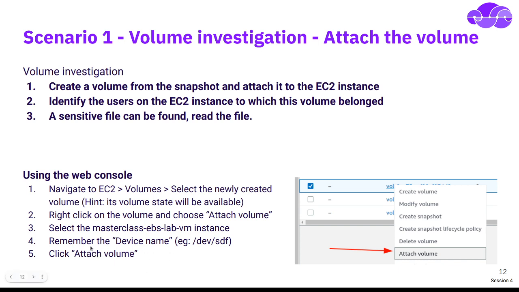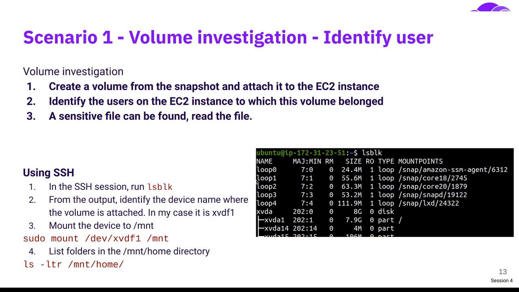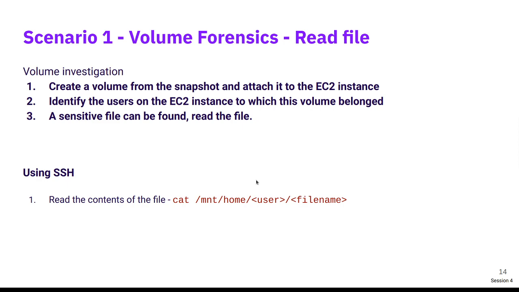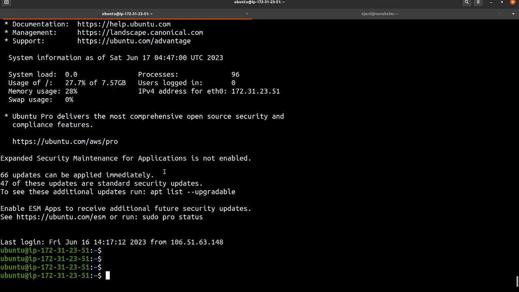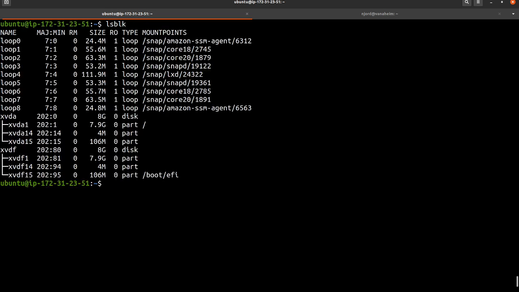Once you click on attach volume, you will end up with the volume as a disk attached to the instance. So in SSH, you can run lsblk, list block basically, to see the different volumes that are attached to the system.